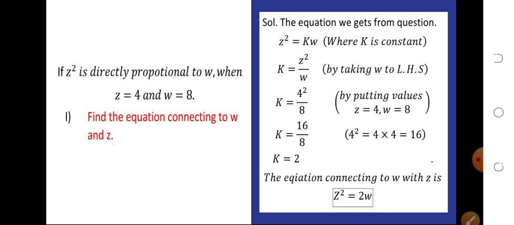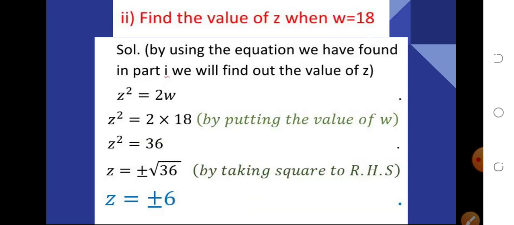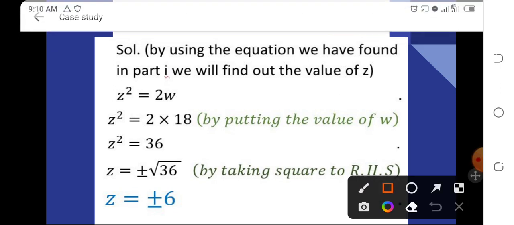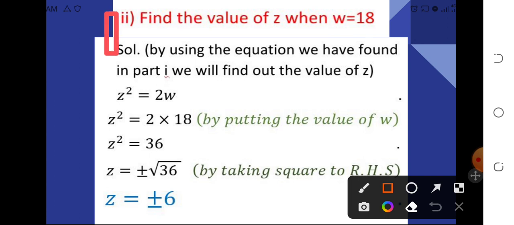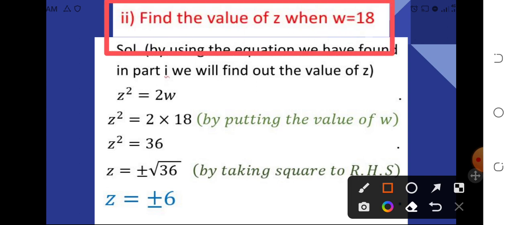So let's move to the second part of this question. The second part is to find the value of Z when W is equal to 18.